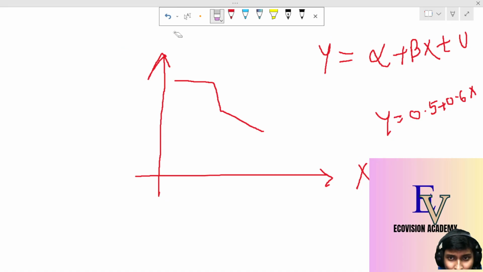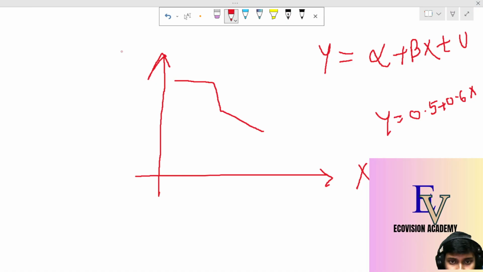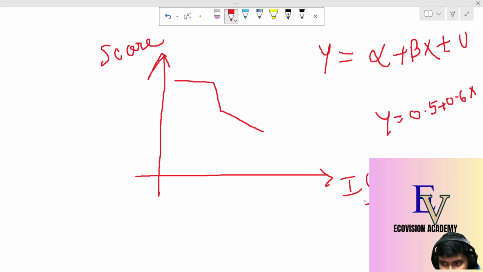Suppose in the y-axis we are measuring our marks score, and I will be using this data set only, and in the x-axis we are measuring my IQ. When you have plotted this scatter plot, you are getting something like this. The scatter plot is like this.